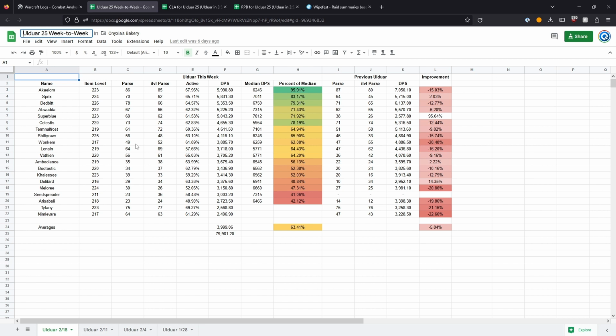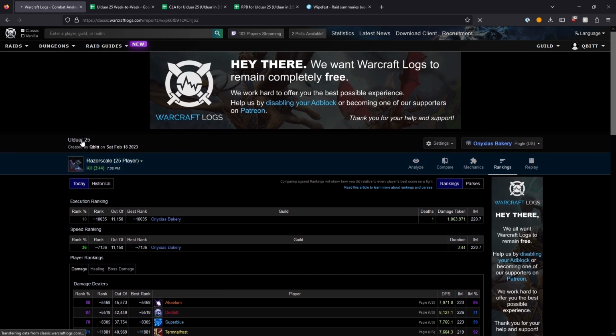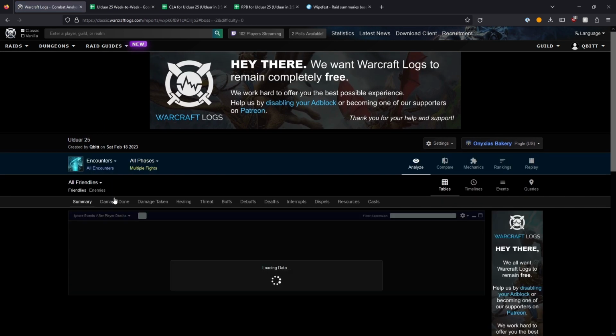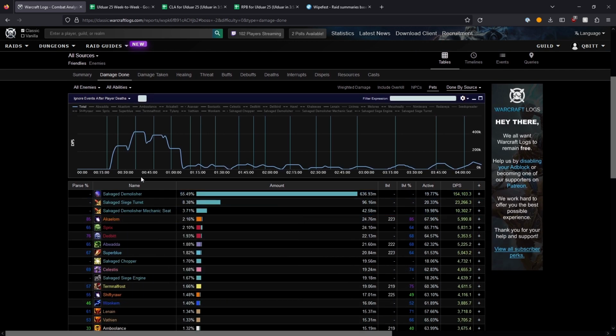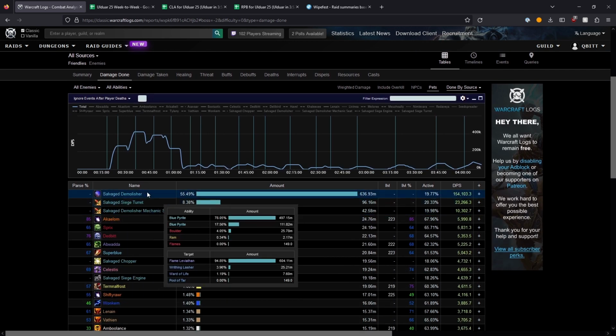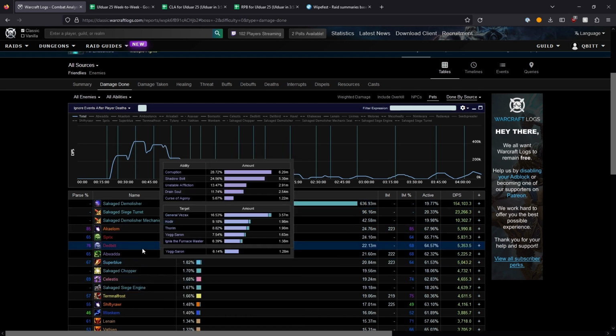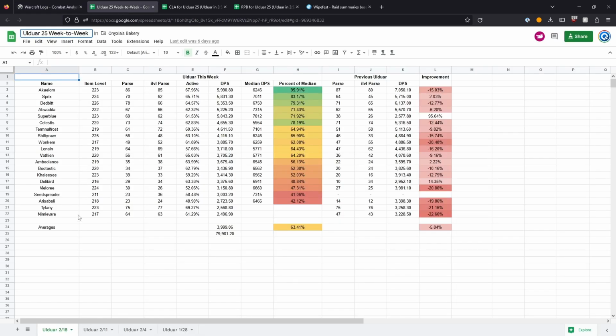All this data is pulled in from the damage done for all kill encounters, and we just take out the vehicles and stuff. This data gets imported in here each week. Then we look up the median DPS of every class and spec.